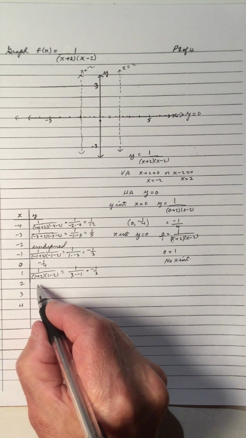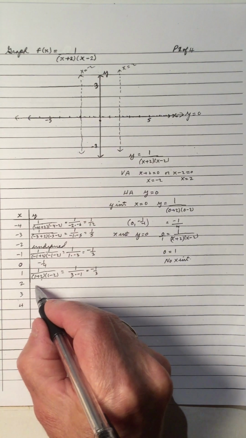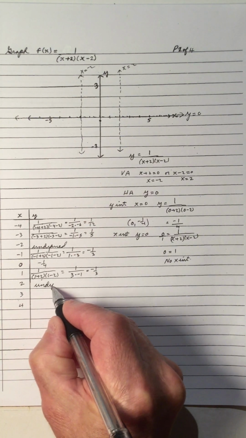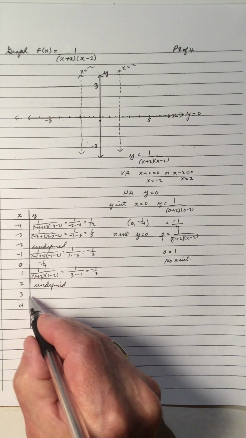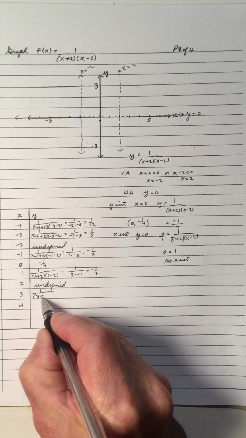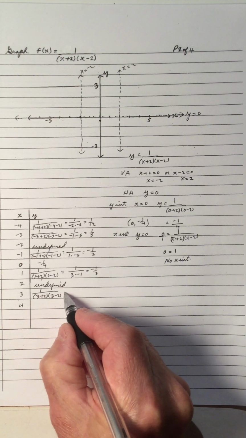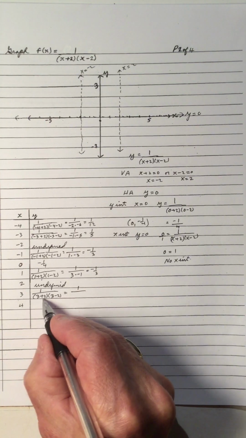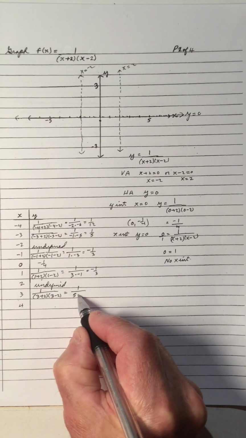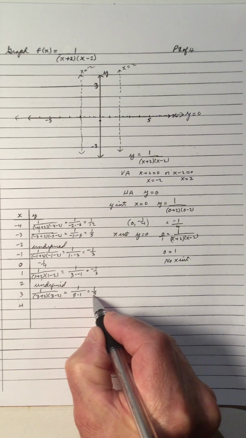And we'll put a 2 in; we know what 2 is. 2 is undefined because it's a vertical asymptote. And let's put 3 in: 1 over (3 plus 2)(3 minus 2), that's 5 times 1, so that's 1/5.